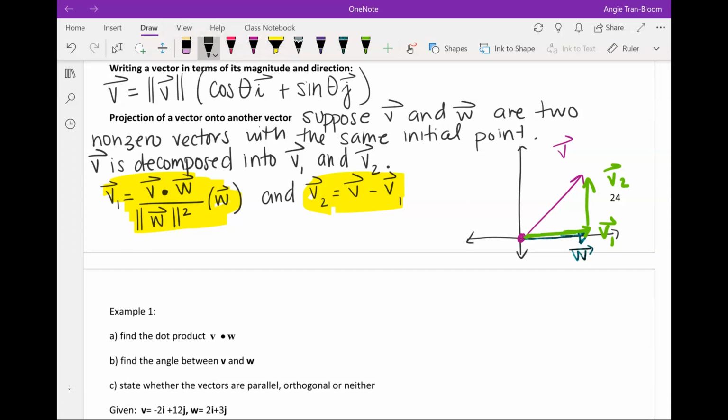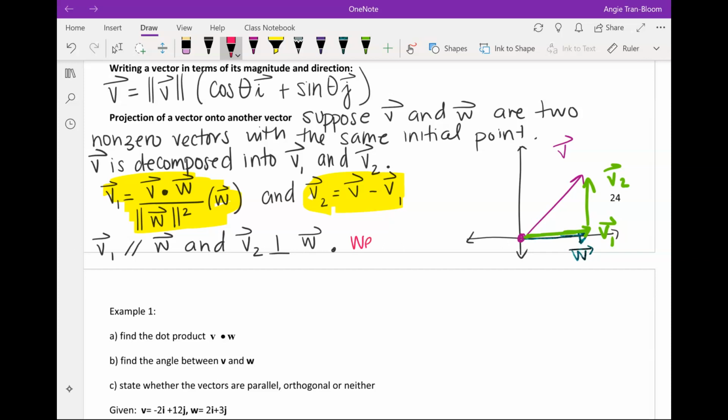Now, as you can see, v1 is parallel to w, and v2 is perpendicular to w. This is the language that we use, or they use.